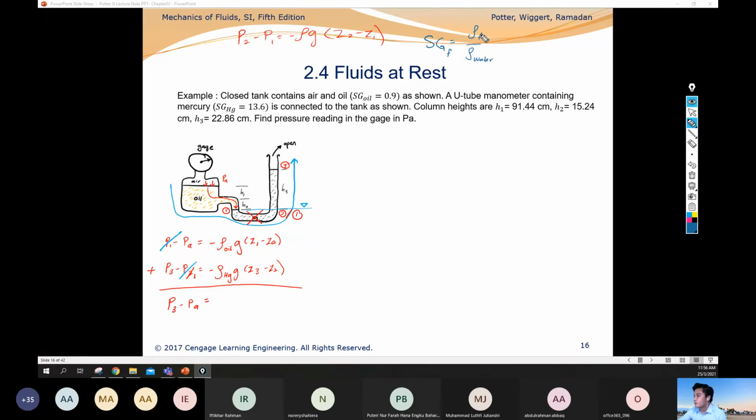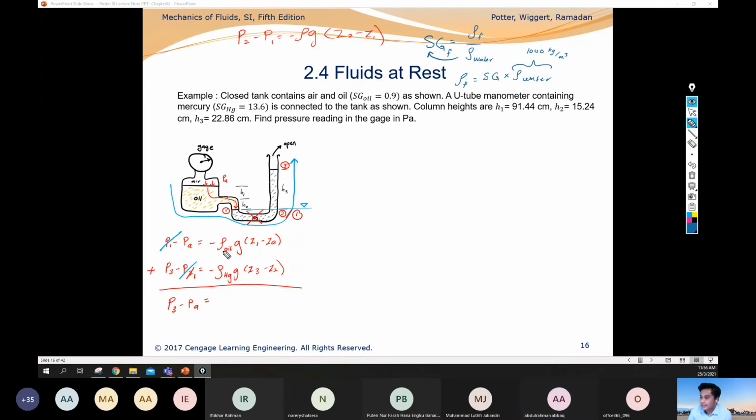So how to get the density of fluid? The density of water must multiply with the specific gravity. Density of fluid, whatever it is, mercury or oil, is equal to SG multiplied by the density of water. The density of water is 1000 kilogram per meter cubic.